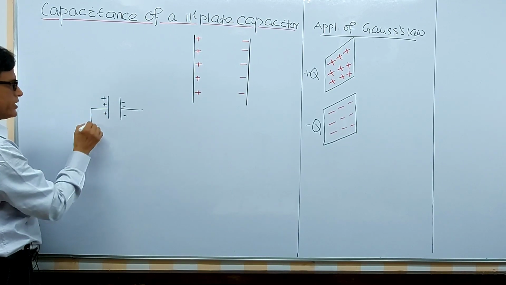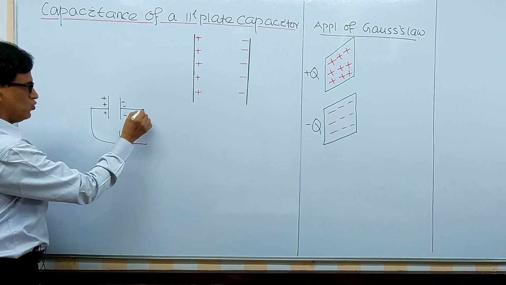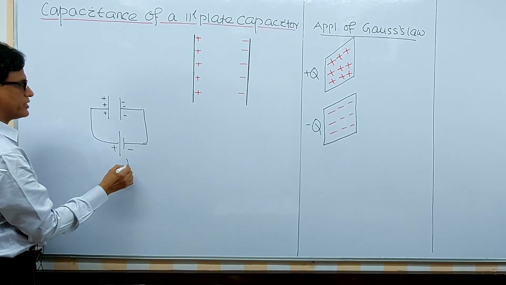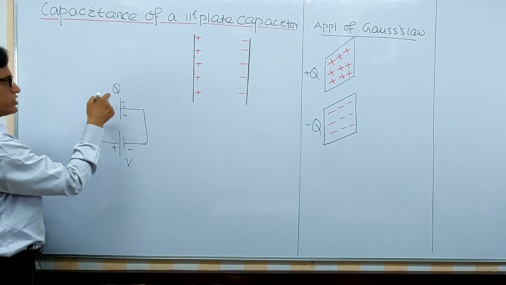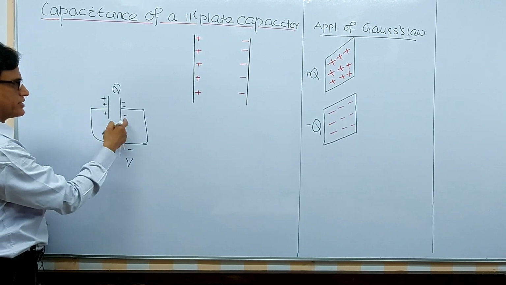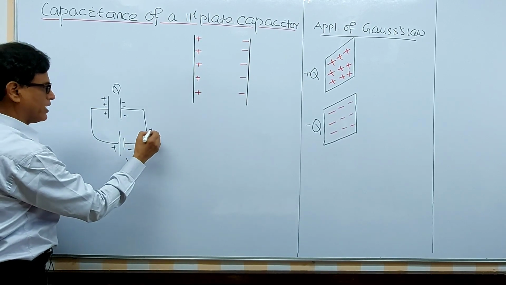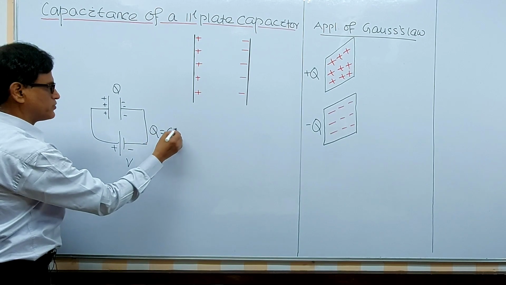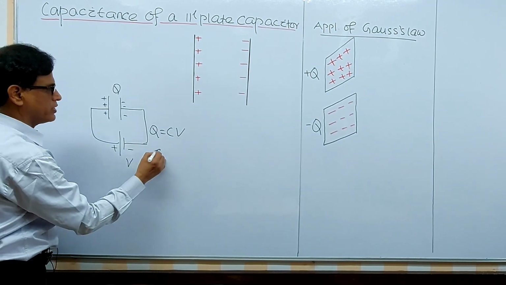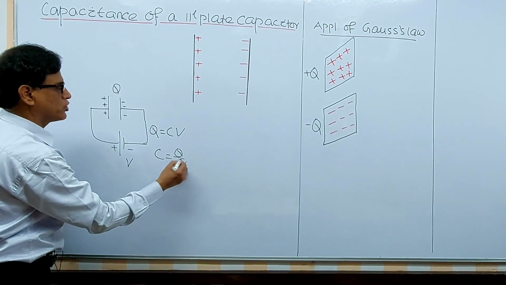If you connect it to a potential difference V, and Q is the charge stored, the capacitor plates are charged, and we have defined capacitance by this formula: Q is proportional to V, C equals Q by V.